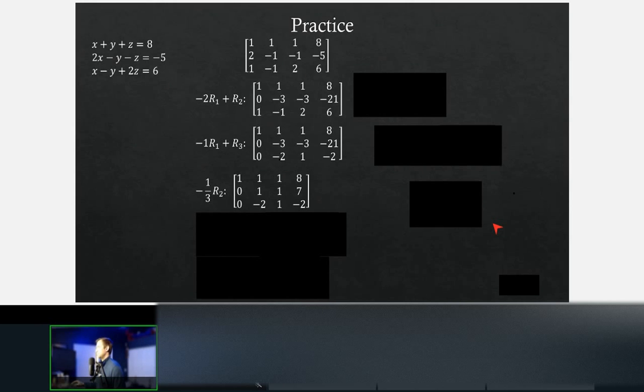Negative row 2 plus row 1. Anybody else? Natasha, what do you think?